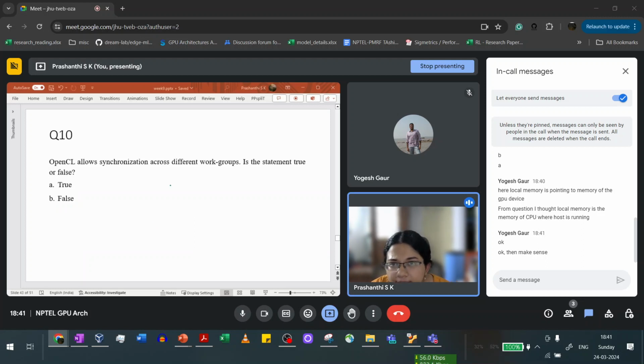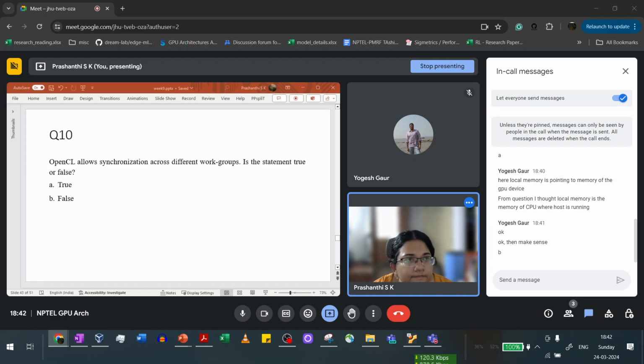Okay, next question. OpenCL allows synchronization across different work groups. Is this true or false? Yeah, B, false.